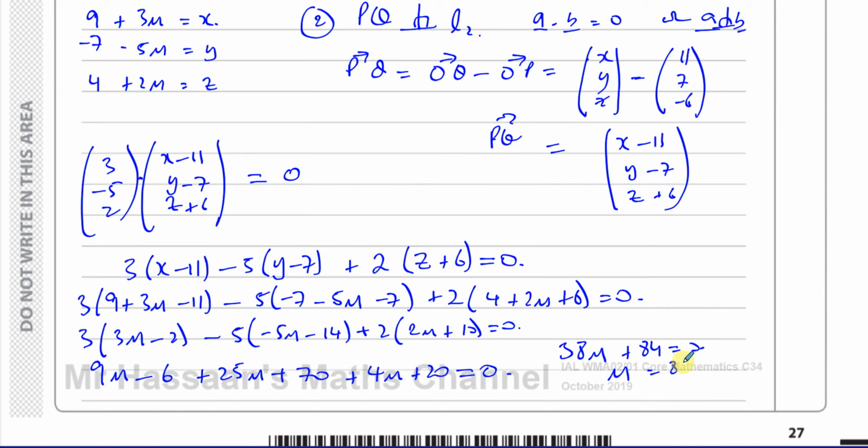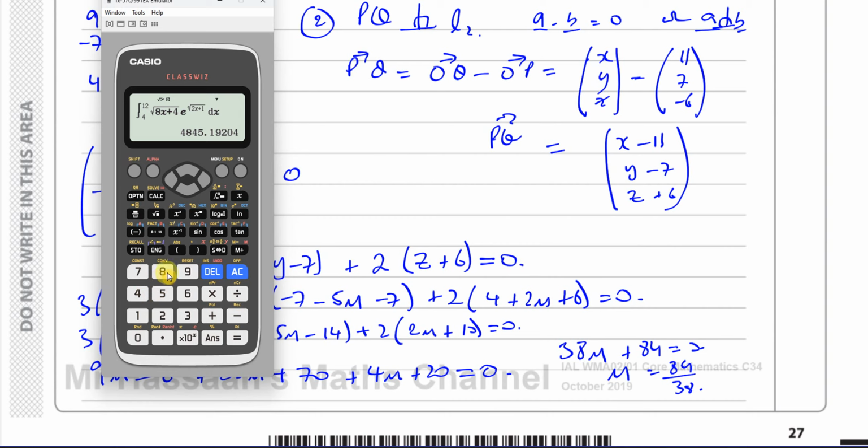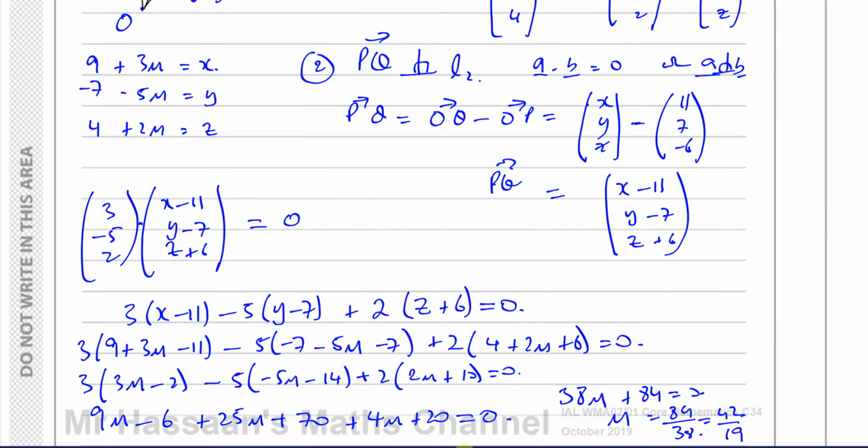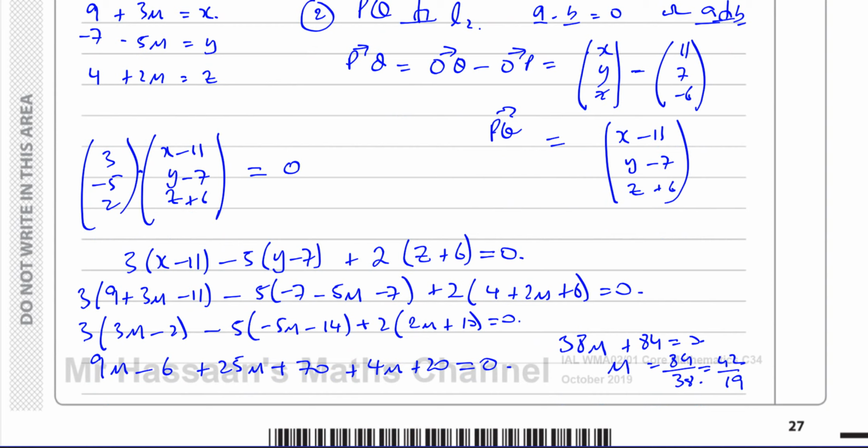So μ equals 84 divided by 38, which gives you 42 over 19. Actually, it's negative because it's minus 84, so μ is equal to negative 42 over 19.